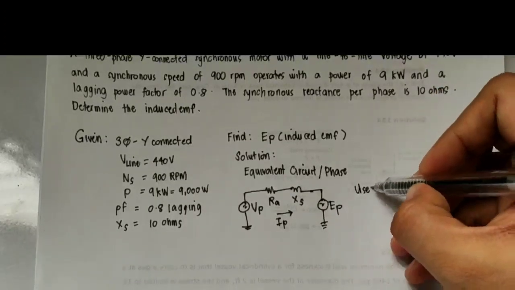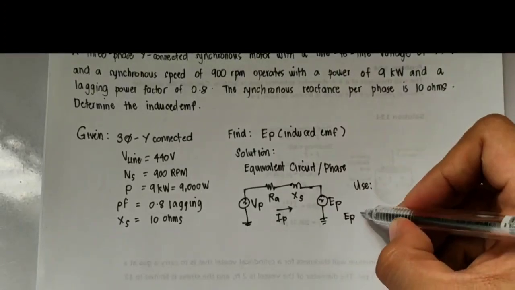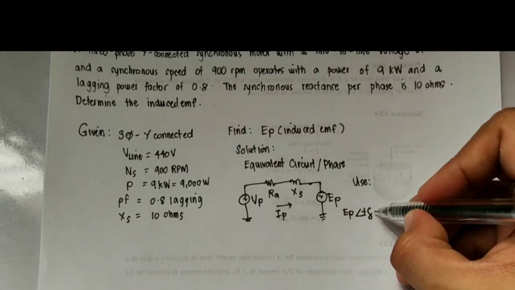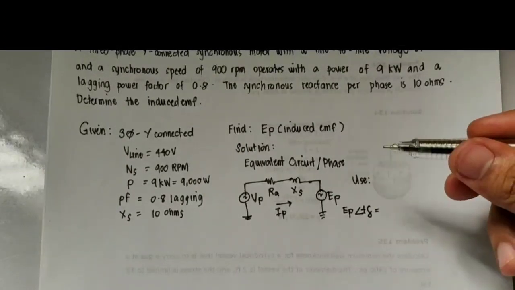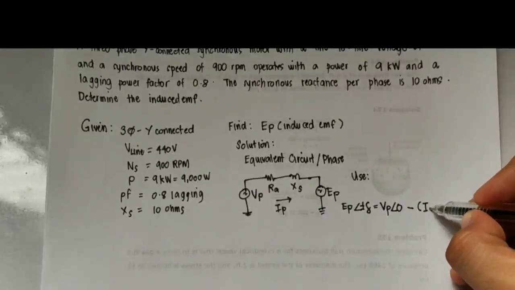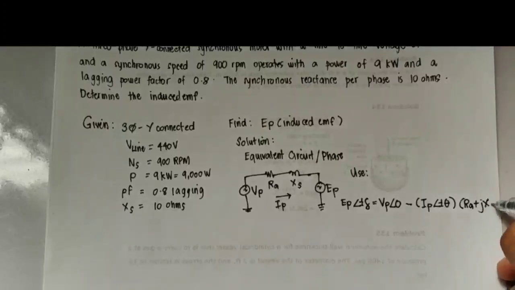Now we will use the formula in complex format, which is the back EMF or the induced EMF, plus or minus delta. That stands as your torque angle. Torque angle is the angle between the back EMF and the voltage source. So we have VP angle 0 minus IP angle plus theta, times the impedance.